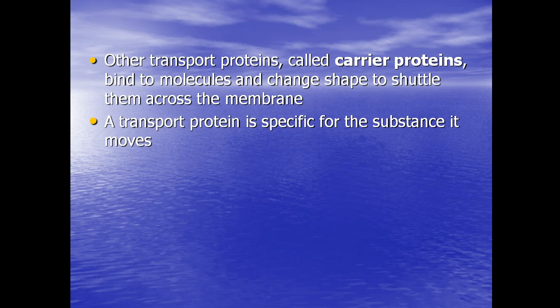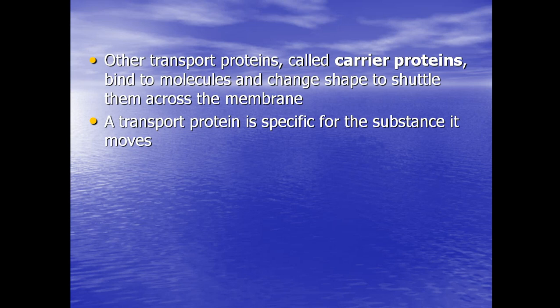There are other proteins also, which are called carrier proteins. Here the role of enzyme comes. They bind to the molecule, change their shape and shuttle across the membrane. Otherwise, in their original shape, they cannot; they are large enough not to allow them inside or to allow them to go outside.